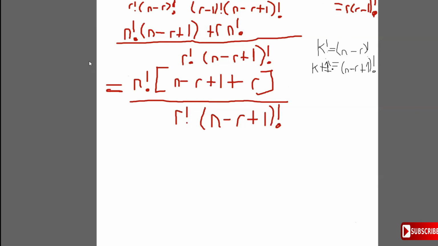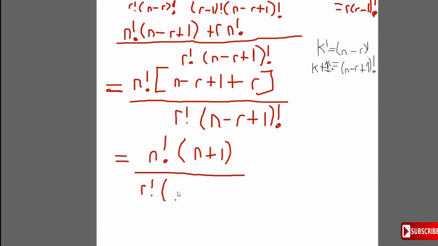And so now we're getting, finally, n minus r plus 1 plus r. The minus r and the plus r cancel, so in the numerator we're left with n factorial times n plus 1, over r factorial times (n minus r plus 1) factorial.